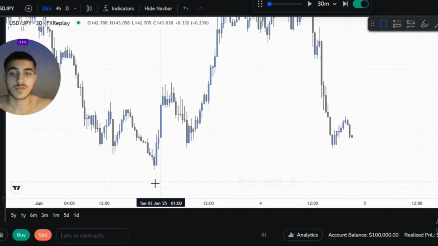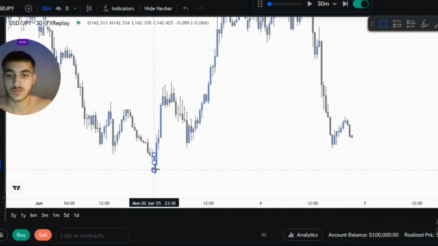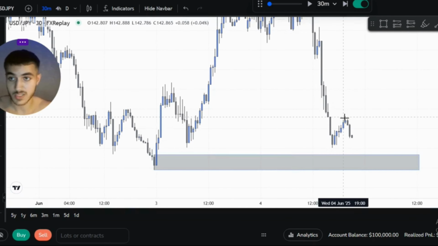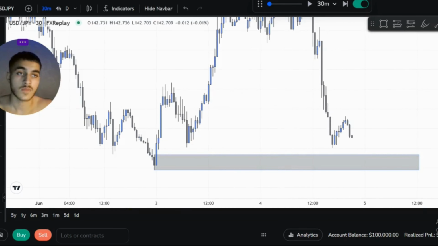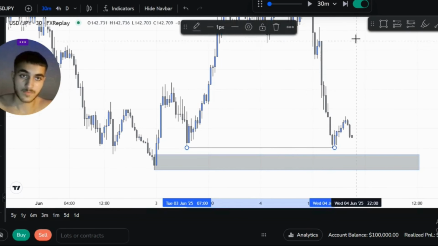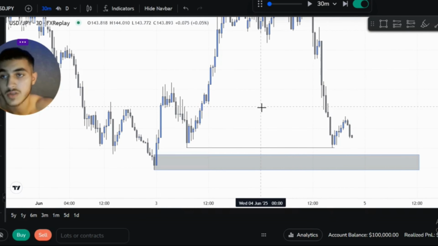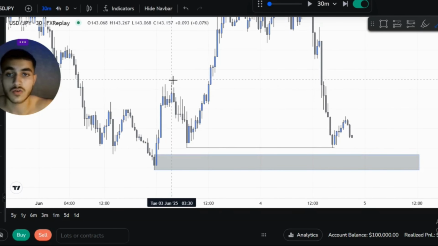After that, we should choose our demand zone. This is our demand zone here. After demand zone, we should choose the liquidity. This is our liquidity, and after liquidity, as a main rule, we're looking for break of structure. Okay, liquidity must take out its own high or low.